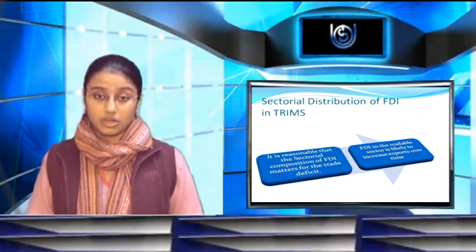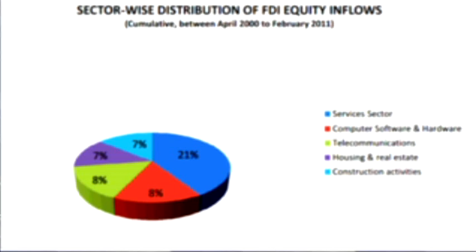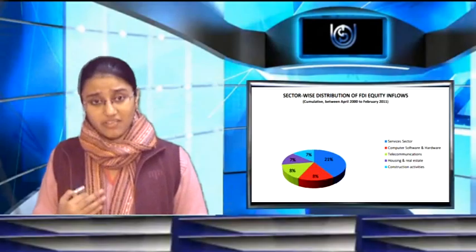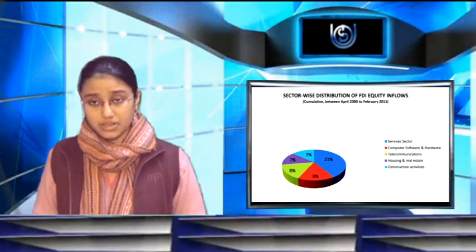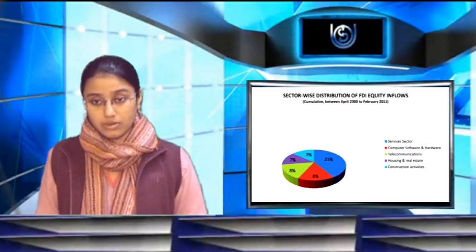So, what kinds of sectorial distributions are there? We can say the sector-wise distribution of FDI equity inflows. This is giving you the idea of how sector distributions happen. The construction activity has a distribution of 21%, its contribution towards FDI equity flow is 21%.